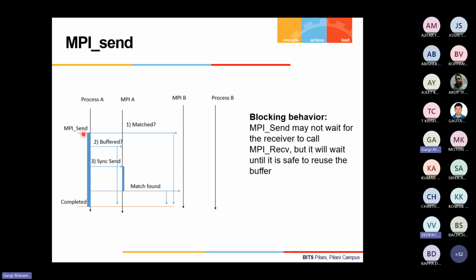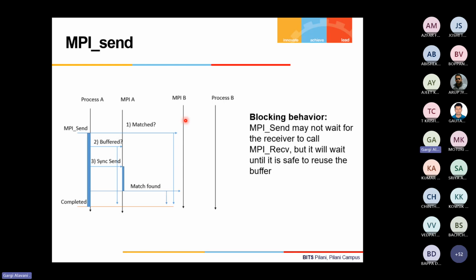MPI send takes the message and checks if it is buffered. Once it gets buffered, it says complete. Process B may not even receive it, it's fine. As long as it is buffered, you are blocked till it is buffered. Especially, what if you have a large amount of data to be shared?